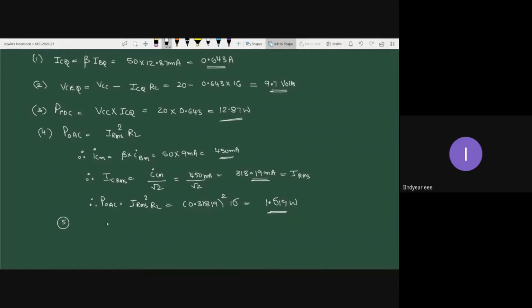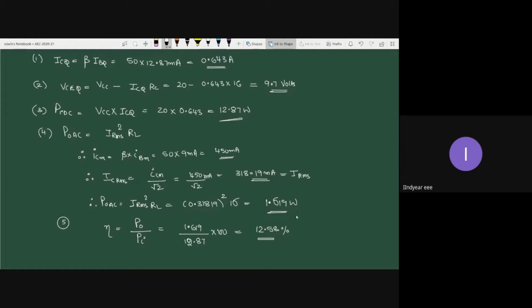So therefore conversion efficiency is Po by Pi. Output is 1.619 and the input is 12.87. Okay, into 100, and that is 12.58%.